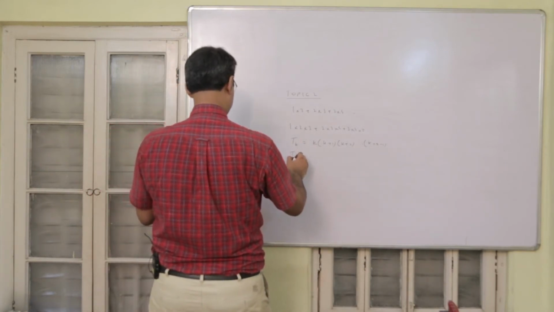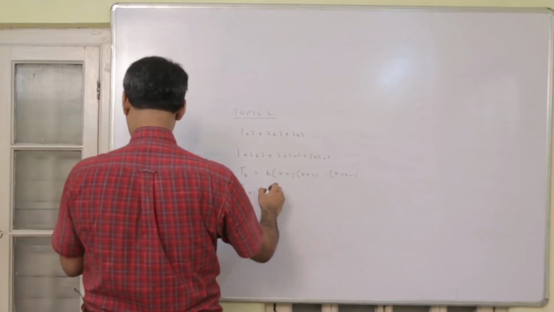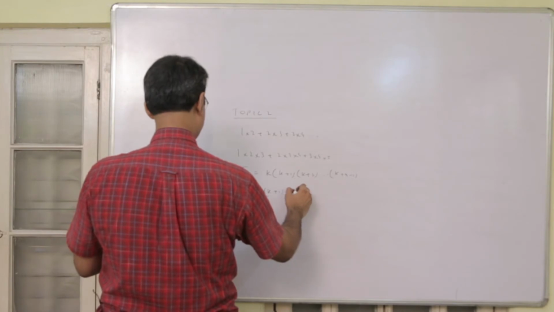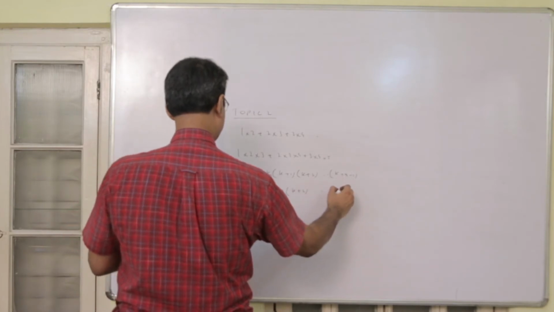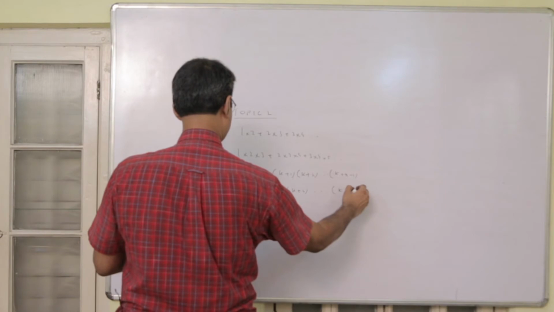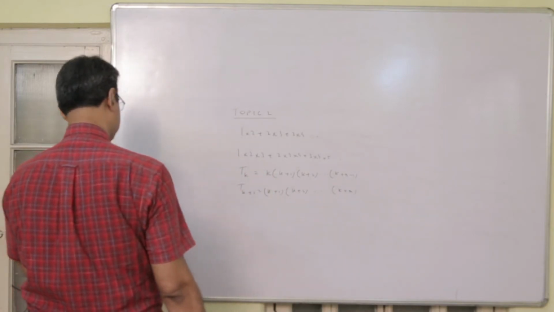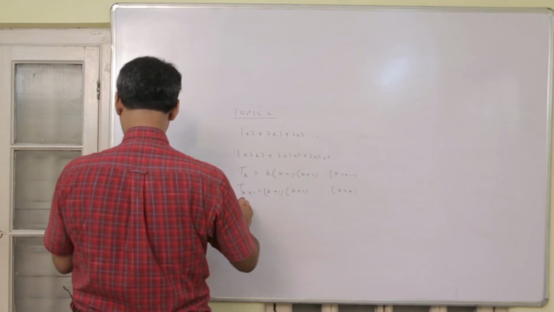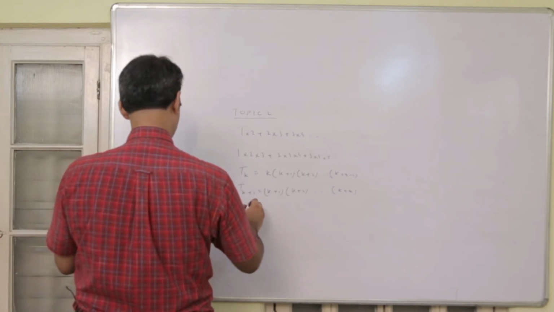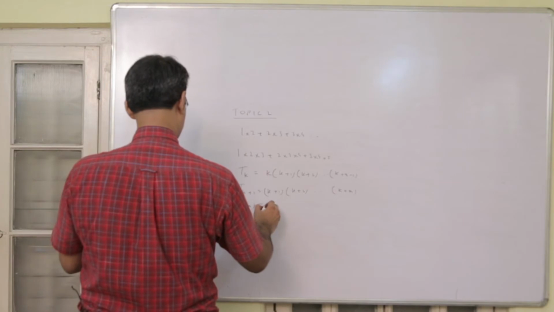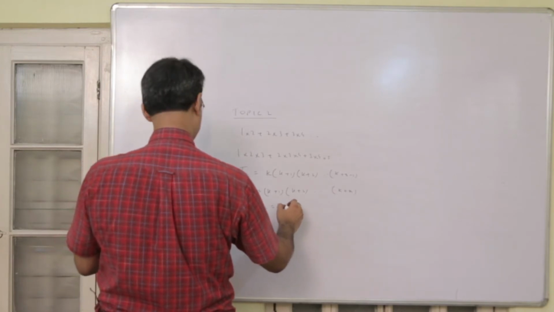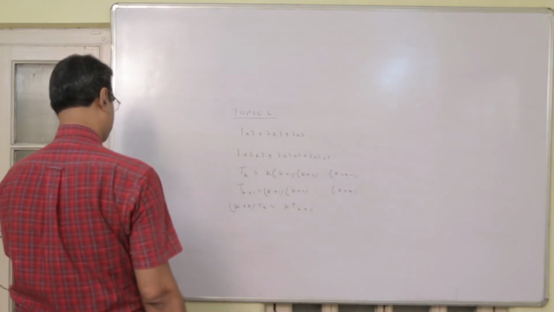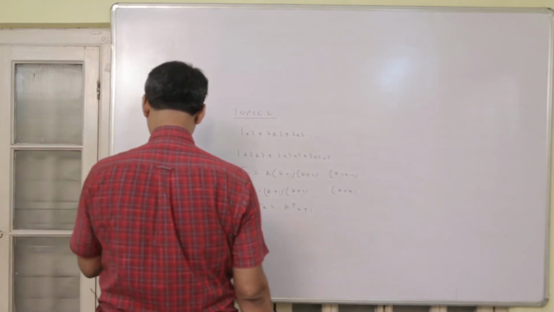So naturally, if this is Tk, then Tk plus 1 will be equal to this. By combining these two, we can easily see that k plus r into Tk is the same as k into Tk plus 1.